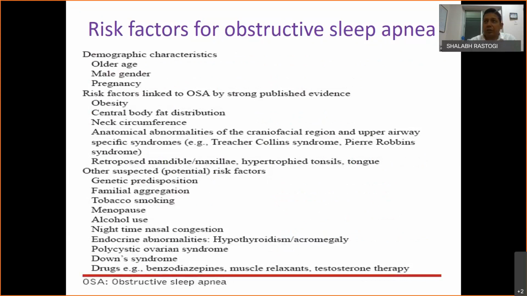Patients with a short neck, in which the circumference of the neck is greater than 40 centimeters. A patient who has orofacial anomalies, then Down syndrome, and it is related to genetic predisposition also, and it's more common in patients who are intoxicated with narcotic drugs and alcohol or any sedatives.